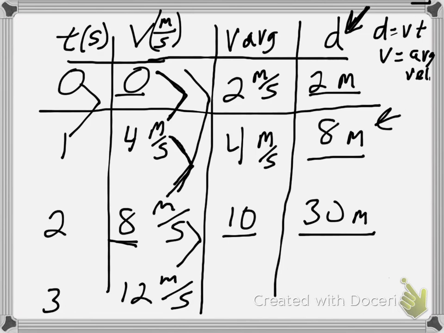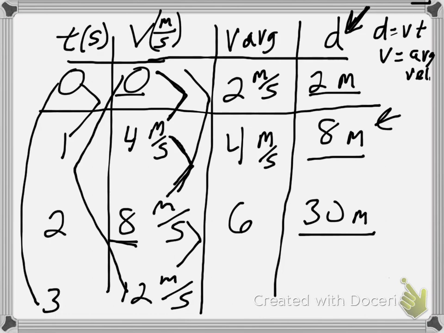Okay, and then from 0 to 12, the average is not 10. That average is 6. And so over the course of 3 seconds, from 0 to 3, if the average velocity was 6 meters per second over those 3 seconds, then 6 times 3 should actually be 18. Okay, but the relationship that we saw before, the general trend that we saw before, is still true.